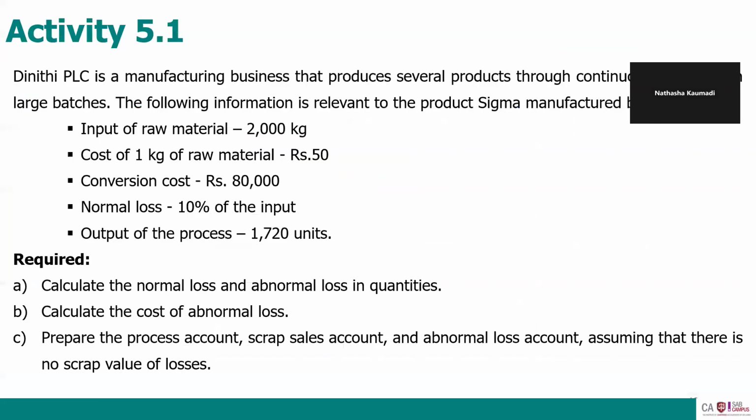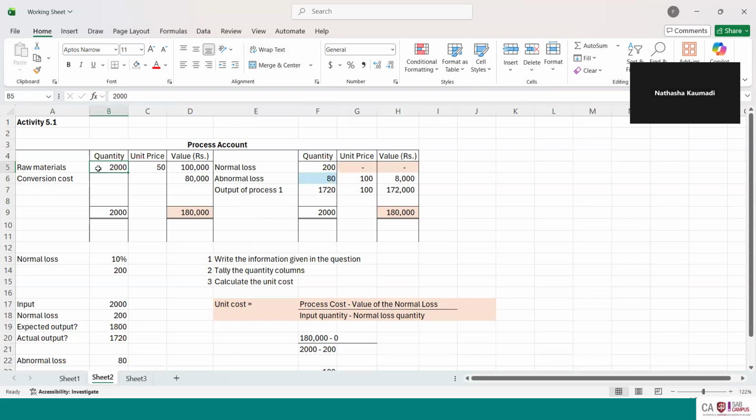So normal loss, it says 10% of the input. That means 2000 kilograms are there as the input. 10% of 2000 would be 200. And then after writing everything given in the question, the second step is to tally the quantity columns, not the value columns, quantity columns.